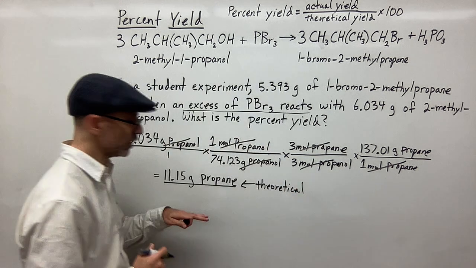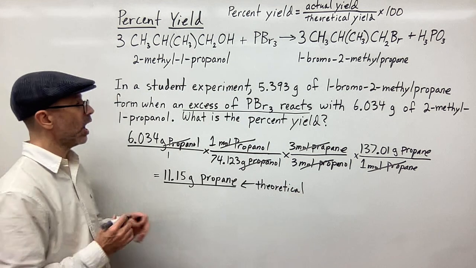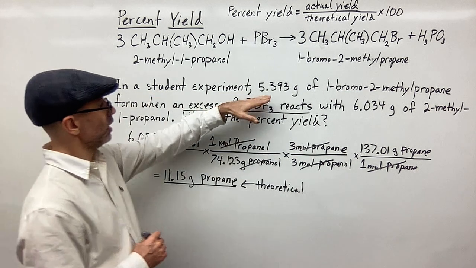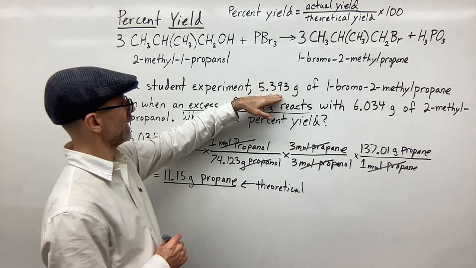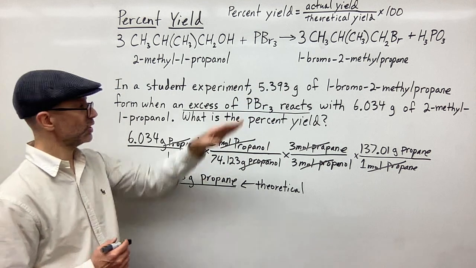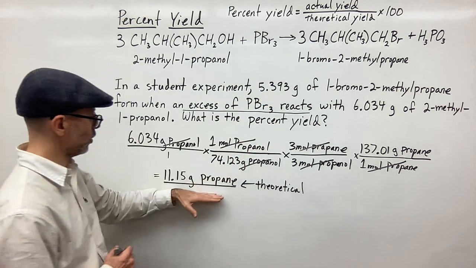This is what we should get in theory, but according to the experiment, there was only 5.393 grams produced during the experiment. So this is the actual yield, and this is the theoretical yield.